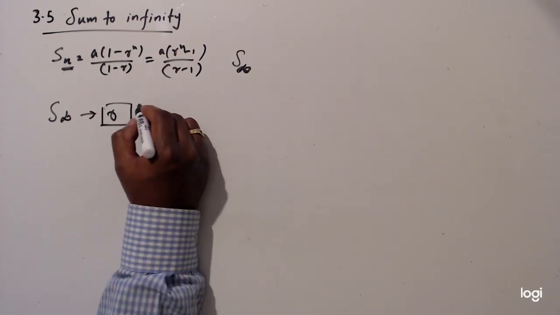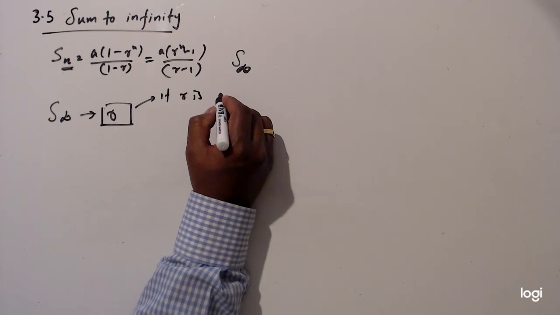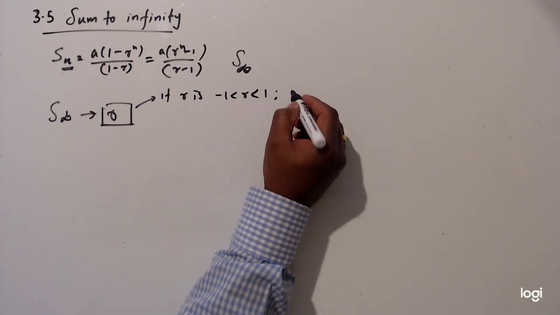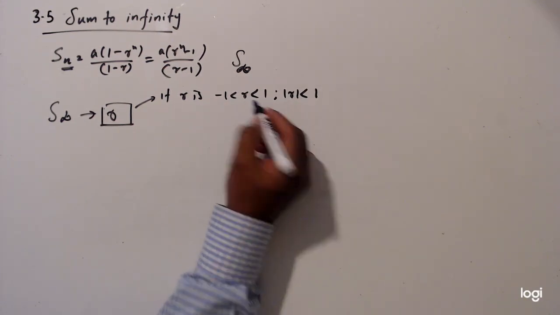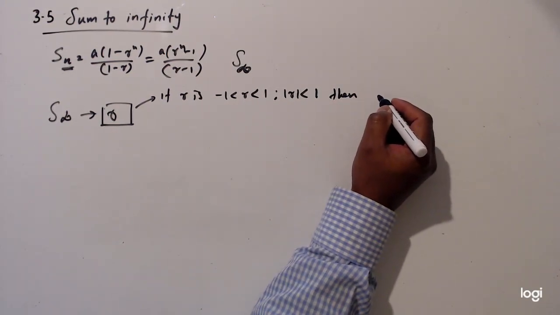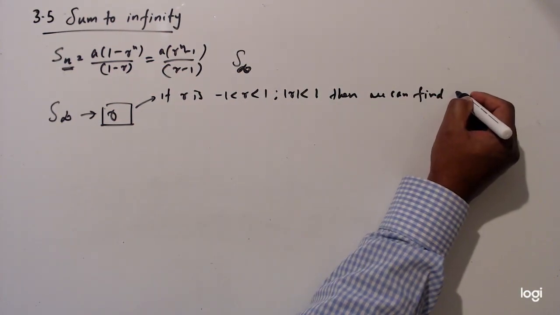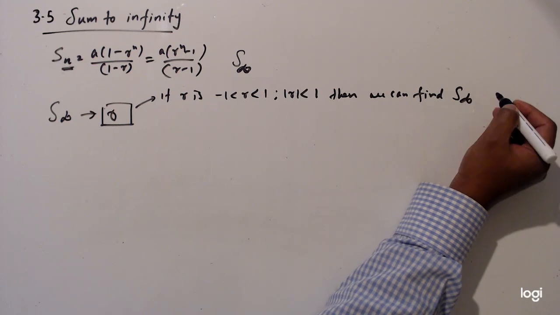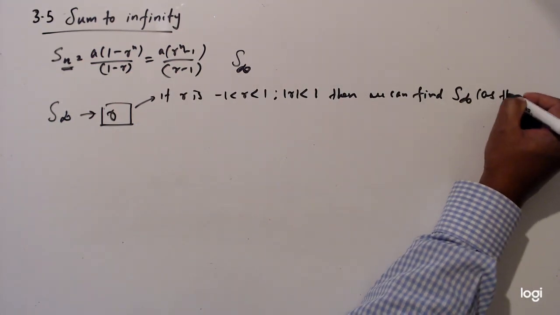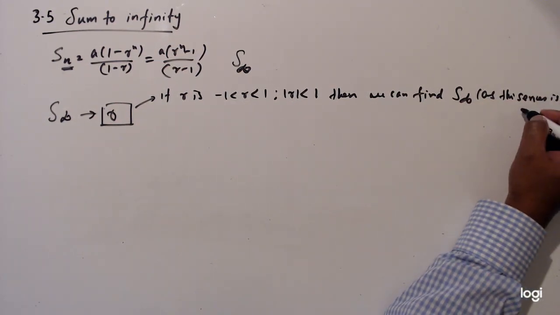If r is in between minus 1 and 1, we can simply write mod r less than 1, the same thing, then we can find the sum up to infinity as this series is convergent.